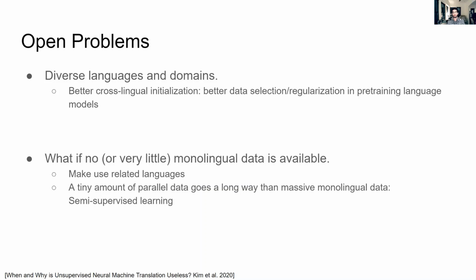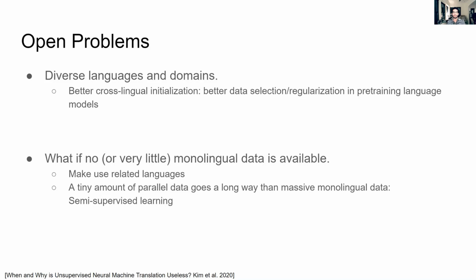Also, what if very little monolingual data or no monolingual data is available? No is a pretty hard setting, but if you have very little monolingual data, what can be done? There has been work in multilingual MT: if you have a low resource language, it helps to have a high resource language, using which you can pivot to the low resource language. That's assignment 2 of this class, where you're supposed to use a high resource language to help a low resource language in doing machine translation.